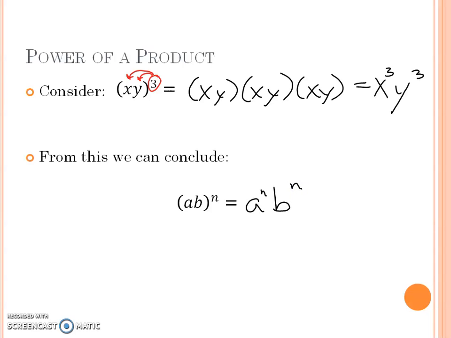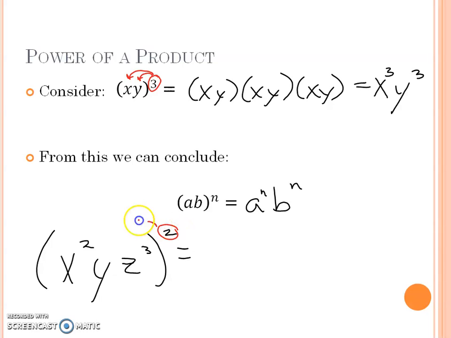Okay, so ab to the n power gives me an a to the n, b to the n. Okay, now a trick that you want to pay attention for is, say I have something like an x squared y z cubed, and I'm going to take that to the 2nd power. Okay, remember your power of a power says we multiply. So 2 times 2 gives me an x to the 4th power. Okay, then I have a y there.